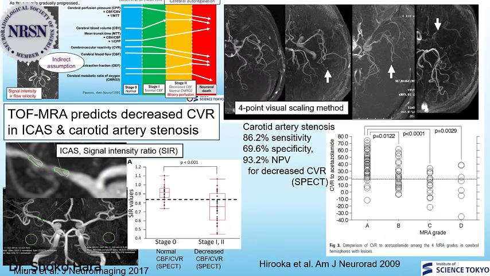Several studies have shown that the signal intensity of distal cerebral arteries on time-of-flight MRA is useful for detecting decreased CVF, CVR on SPECT, in patients with ICAS and carotid artery stenosis. Therefore, even when standard hemodynamic modalities are not available, time-of-flight MRA can provide indirect information about the patient's hemodynamic status.